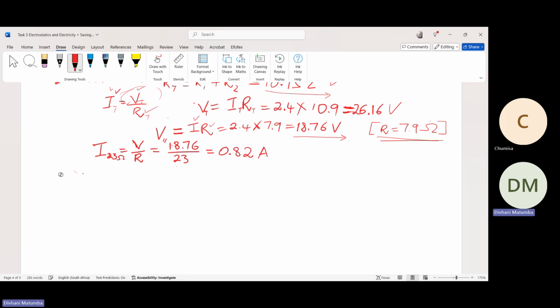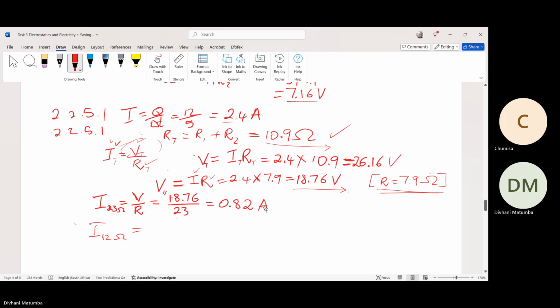And then what will be the I at 12 ohms? How much will it be? I remember we had 2.4 amperes flowing.